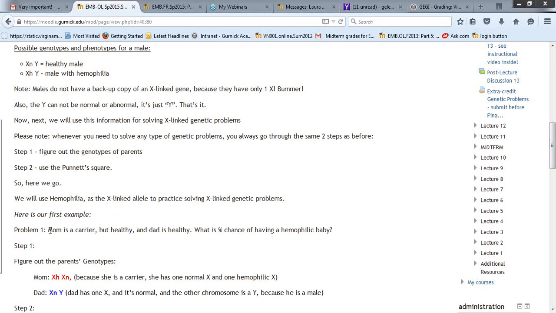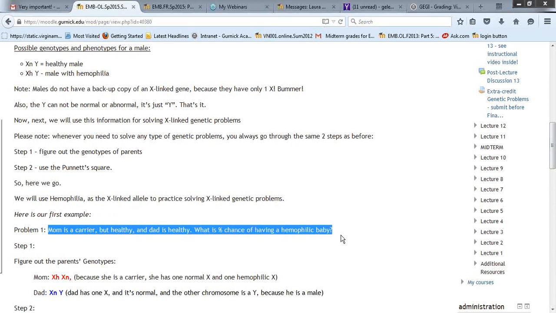Okay, so let's take a look at this one. We are looking at the X-linked genetic disorder called hemophilia. Hemophilia is a genetic disorder when the X chromosome, the chromosome number 23, that contains a gene coding for clotting factor number 10, has that gene mutated.